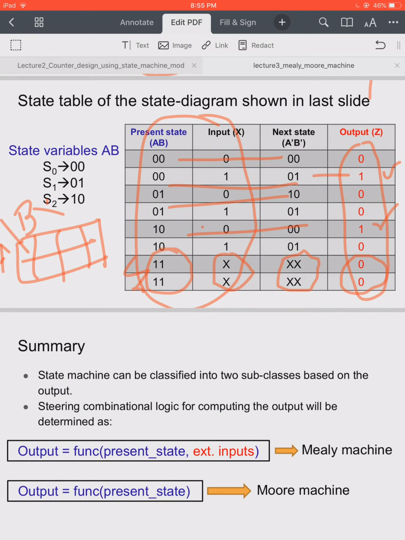In the case of the Mealy machine, the output is a function of the present state and external inputs, and in the case of the Moore machine, the output is a Boolean function of simply the present state. So it only depends on the present state.